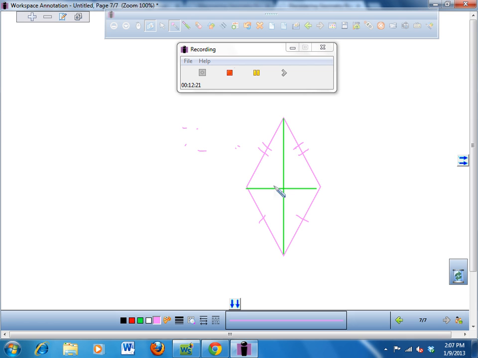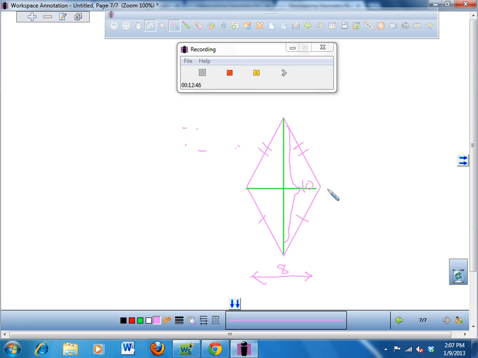Say in this kite, I'm told that this diagonal from here to here is 10. And this diagonal going this way, from here to here, let's say that is 8.